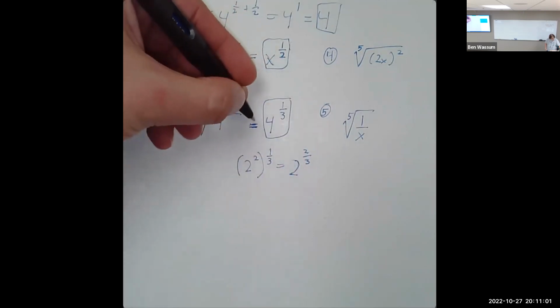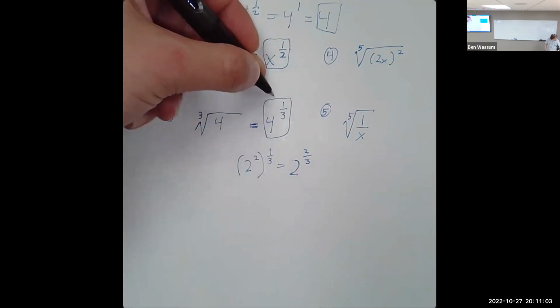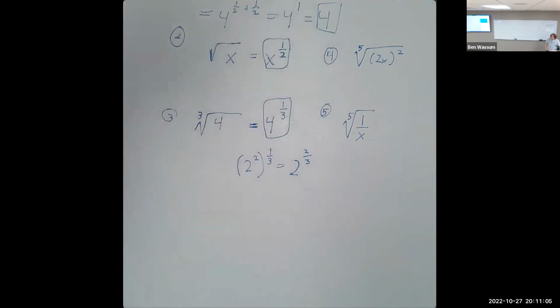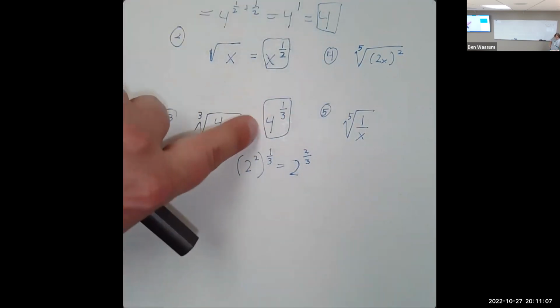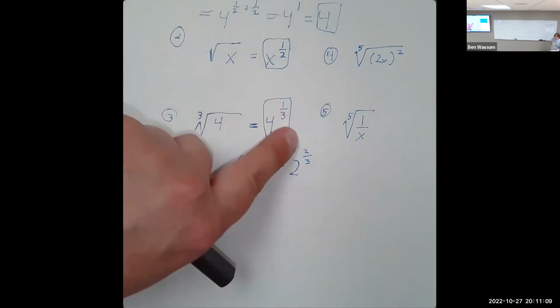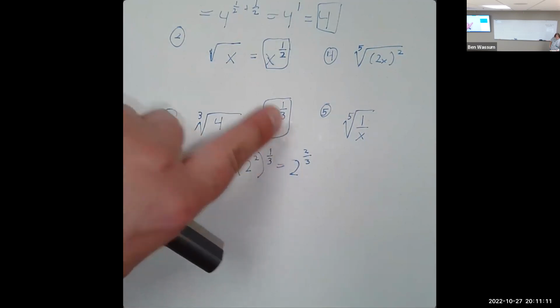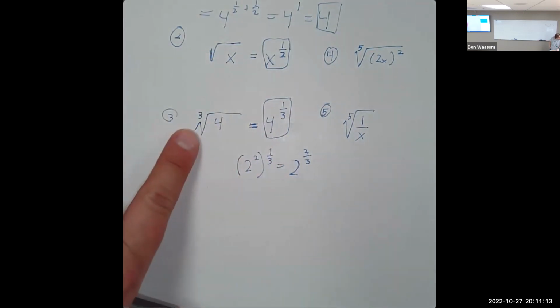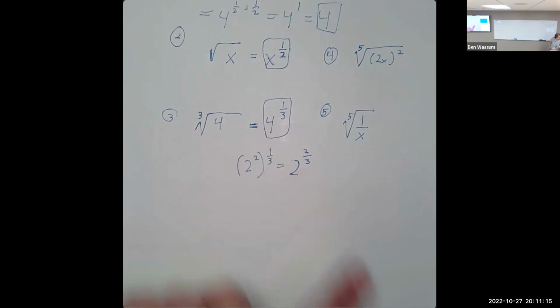So 4 to the 1/3 is exactly the same as 2 to the 2/3. And you can kind of see that 4 to the 1 is the same as 2 to the 2nd. The only difference here is that since this one was in a root, they just happen to have the denominator of 3. That's the difference. Not bad, right?